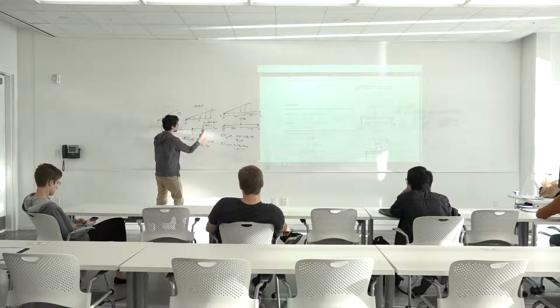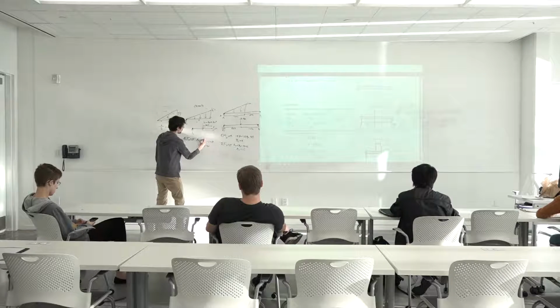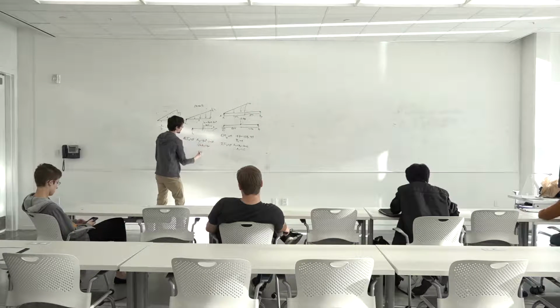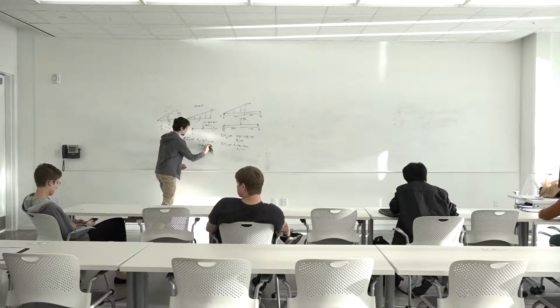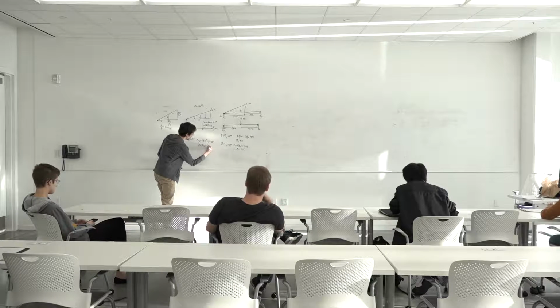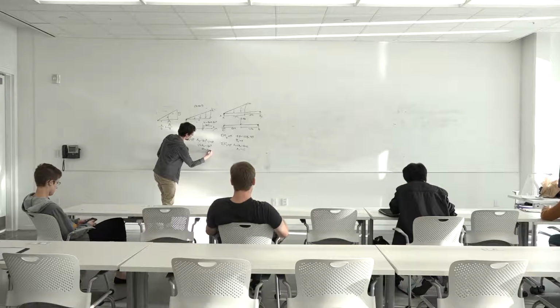That's a distributed load. You have to consolidate it. So we have 1/8 x squared, and that's what it's supposed to be. So we have AY minus 1/8 x squared, which is the same thing as 10 minus 1/8 x squared.